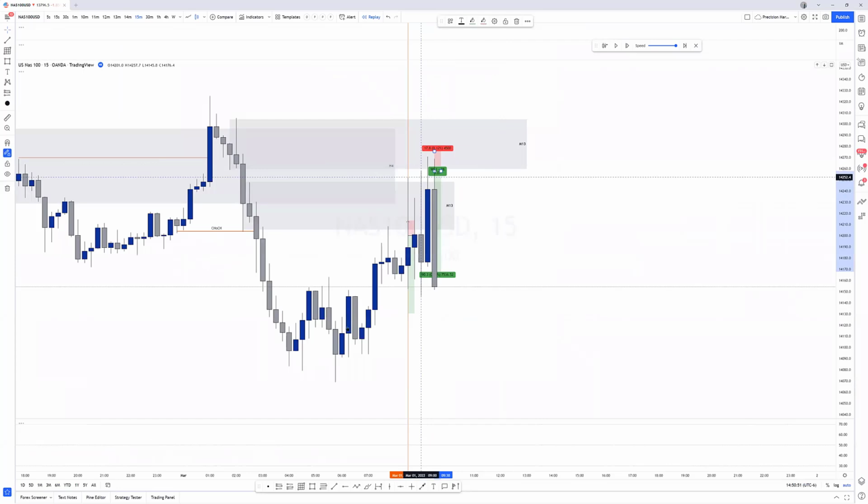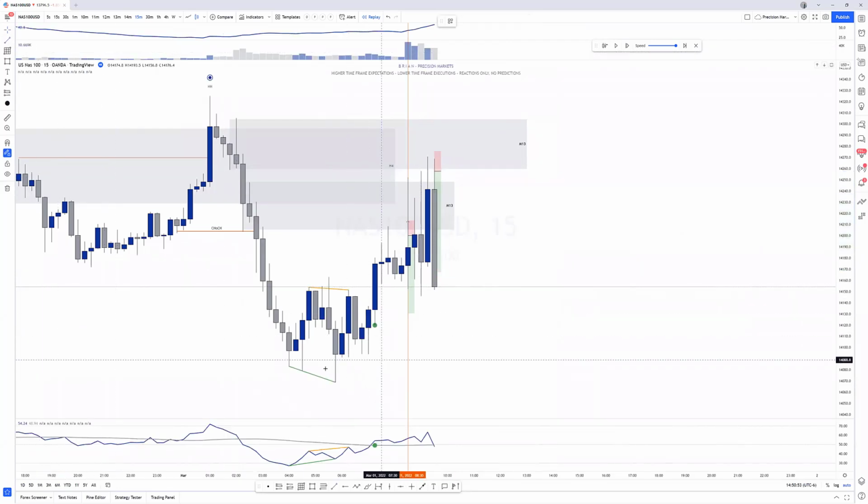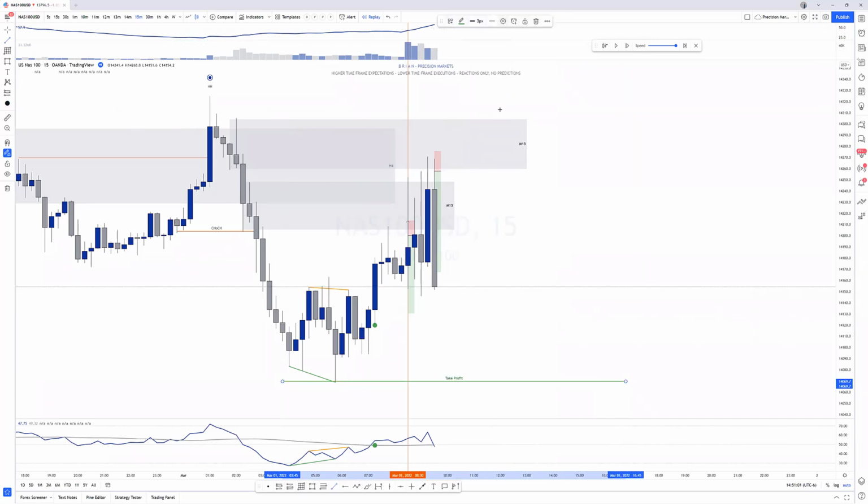Going to our 15-minute, the low that I really want to target from a 15-minute standpoint is going to be here. So this would be our take profit from a 15-minute.